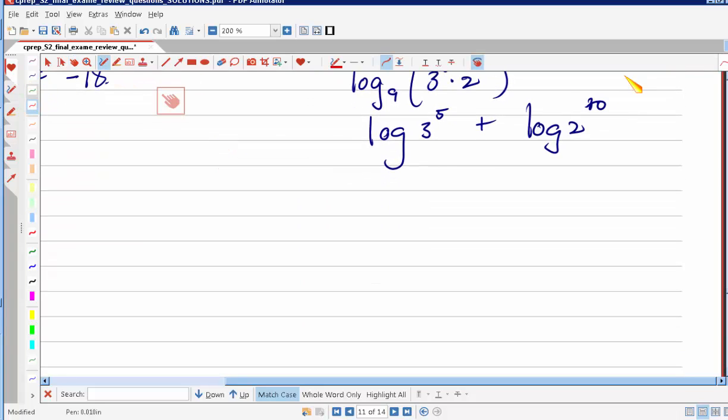So I would have 5 log 3 plus 10 log 2. And that would be the expanded form.